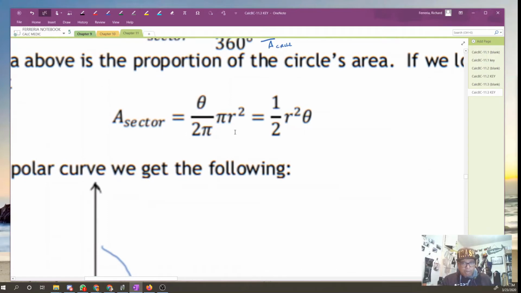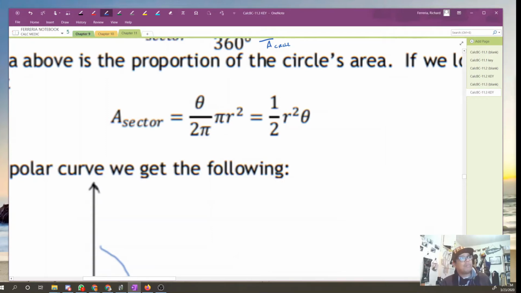Once we get into calculus, we've abandoned degrees in favor of radians. And instead of 360, we have 2 pi radians, so theta over 2 pi, multiplied by the same area formula. So for example, let's say we do 3/4 of a circle. Well, that would be 3 pi over 2 radians divided by 2 pi multiplied by pi r squared.